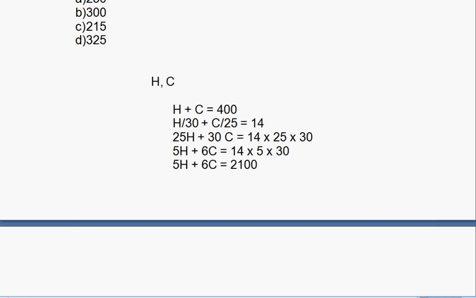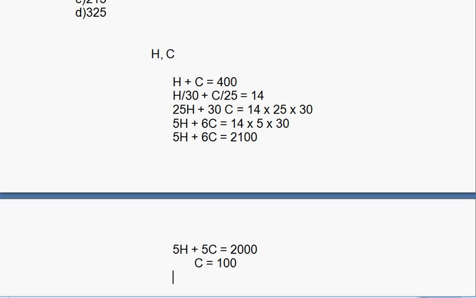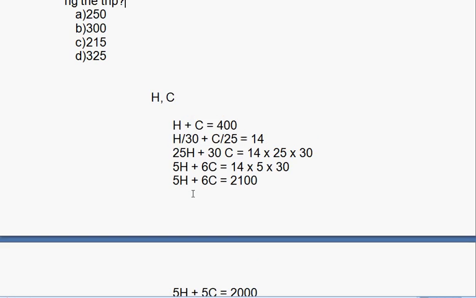So 5h plus 5c is equal to 2000, and if we subtract it we would get c is equal to 100, and h is equal to 300. Simple, just cancelling the equations so that we can solve it.